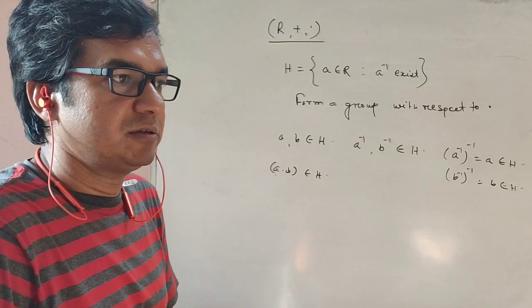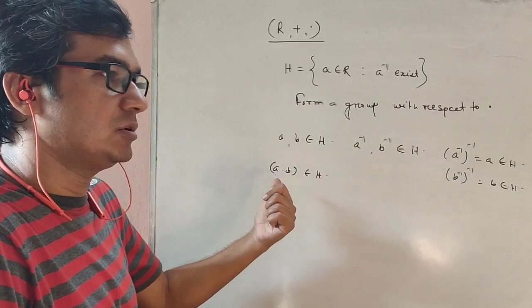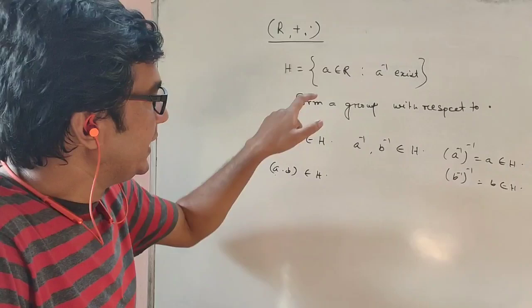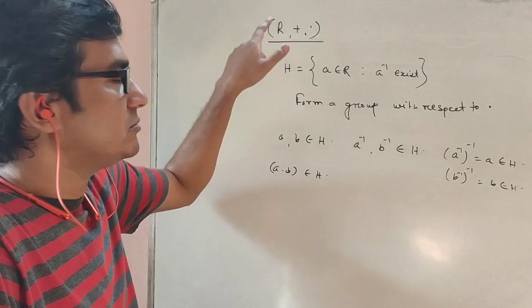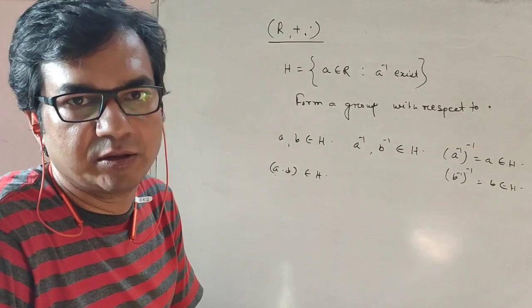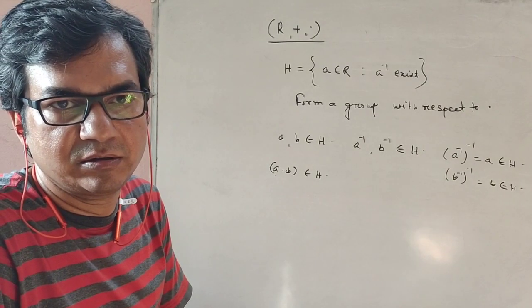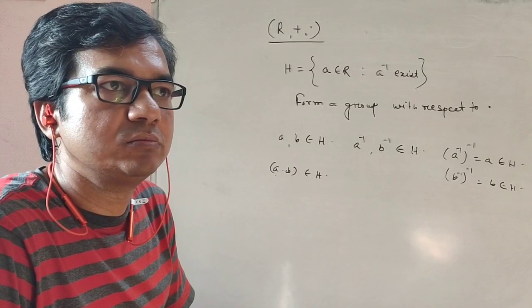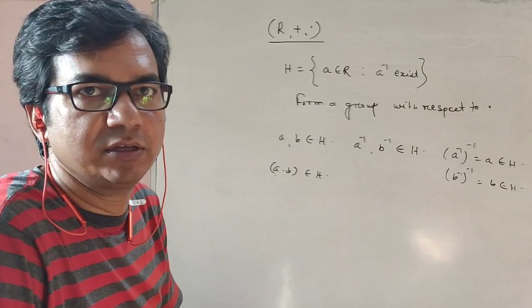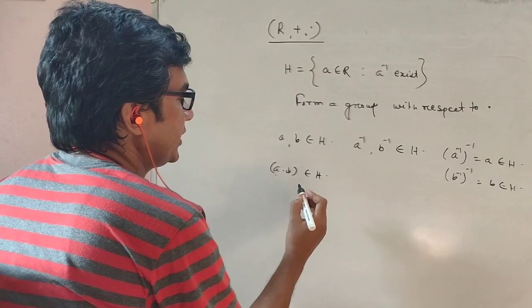The associative property with respect to dot must hold in H because it holds in R, and associativity is a hereditary property. Now come to the identity property.